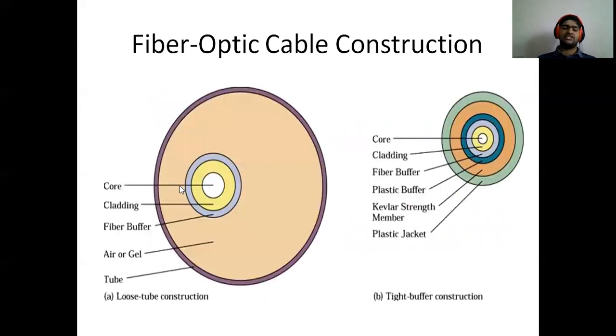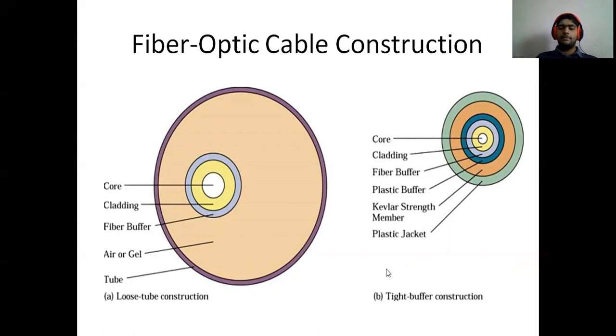Given here are the structures of construction of loose tube cable and tight buffer cable. In loose tube cable, the core is at the center, which is surrounded by a layer called cladding, which is then surrounded by a layer called fiber buffer, and there is a huge gap between the tube and fiber buffer, which is filled with air or gel. This air or gel provides support whenever the fiber needs to expand or contract.